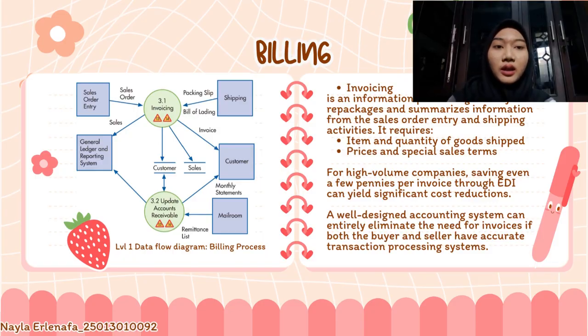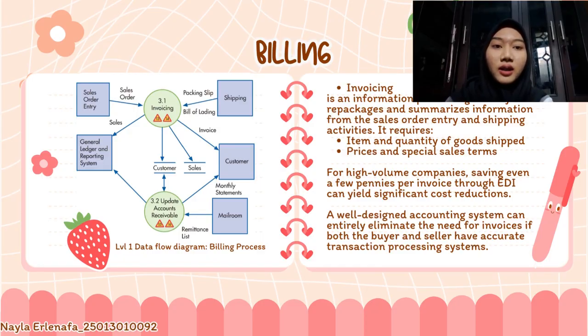While we still see paper invoices for small clients, many companies have moved to electronic data interchange, or EDI. Because it saves more money, EDI can yield significant cost reductions, like the labor and costs associated with printing and postage.